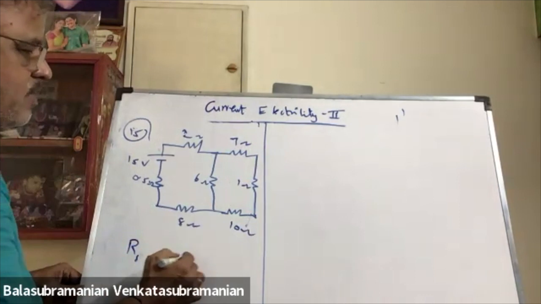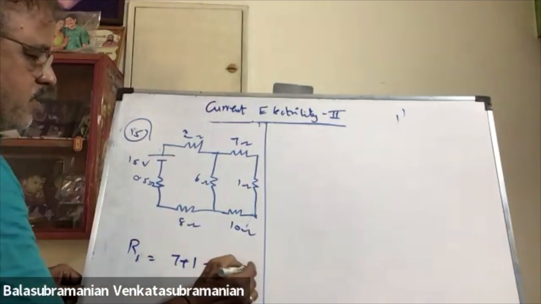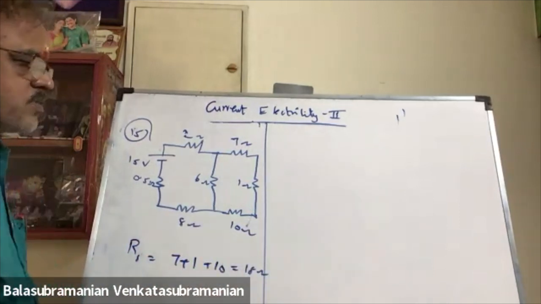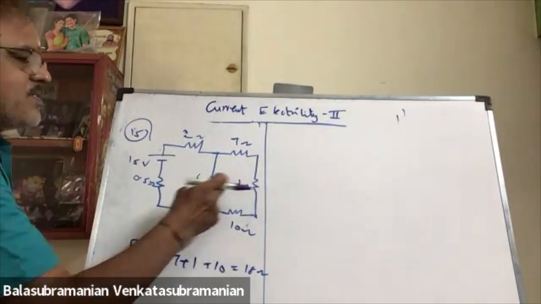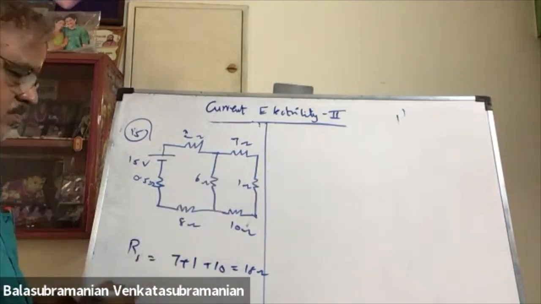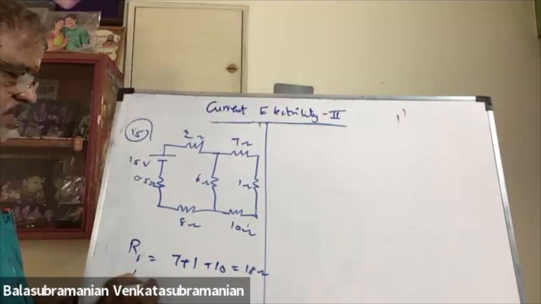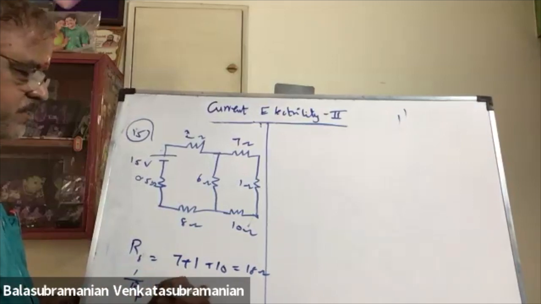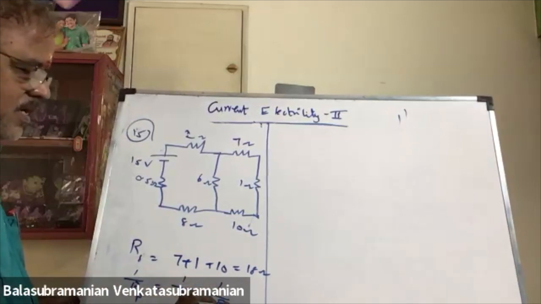Rs is equal to 7 plus 1 plus 10, 18 ohms. This 18 ohm and 6 ohm are in parallel. 1 by Rp is equal to 1 by Rs plus 1 by Rs dash.